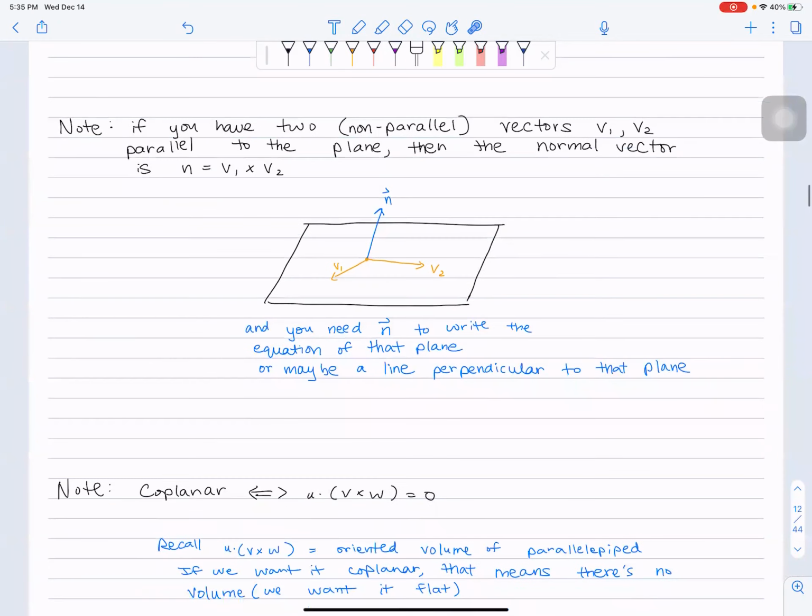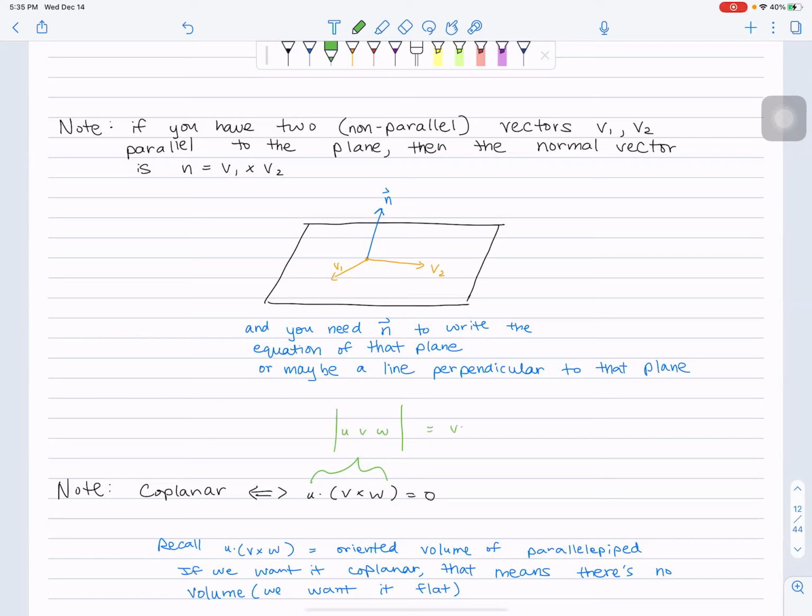You also know if the triple scalar product of three vectors is 0, what is it telling you? Well, how do we calculate it? By doing the determinant of the vectors. What does the determinant of three vectors do?